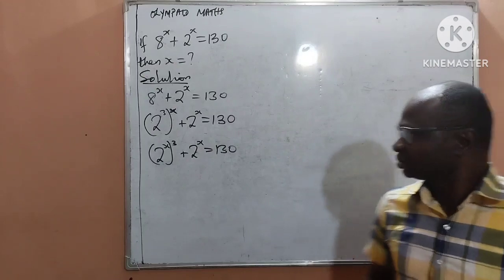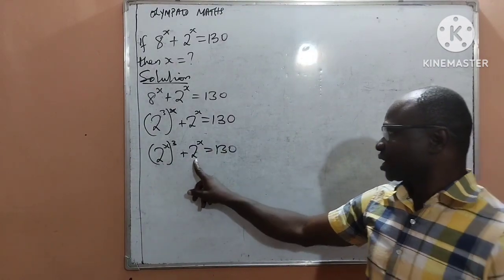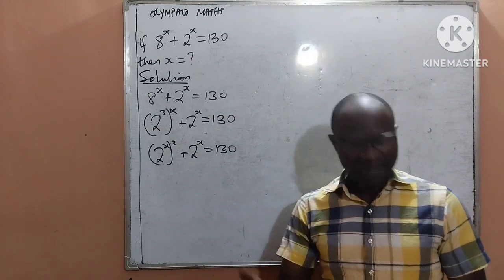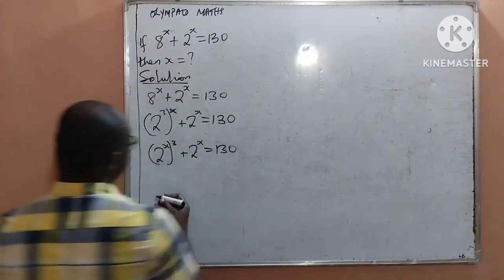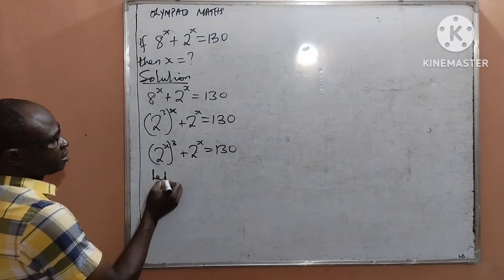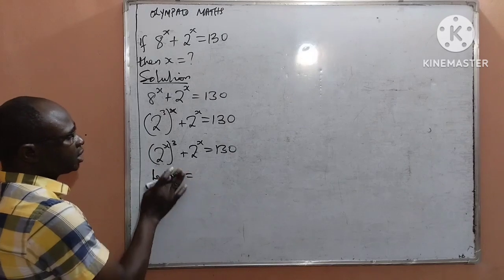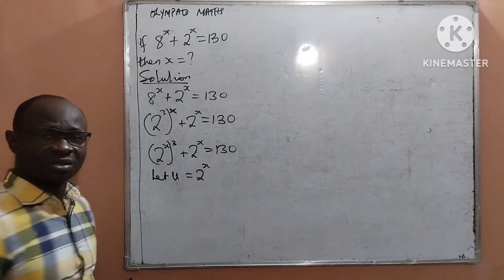If you look at it now, I have inside the bracket here 2 raised to the power x, and I have also here 2 raised to the power x. So I can let 2 raised to the power x be any letter. Let u be equal to 2 raised to the power x.